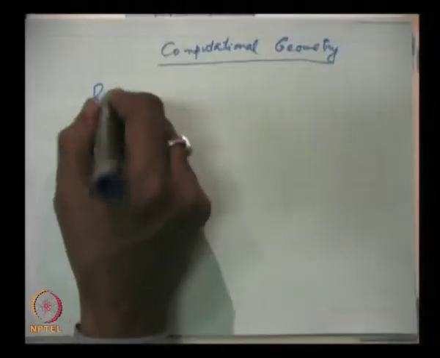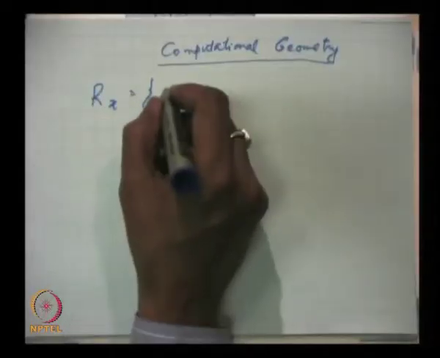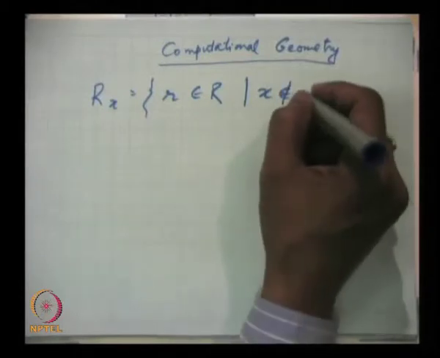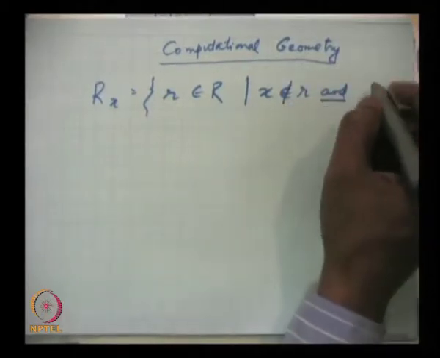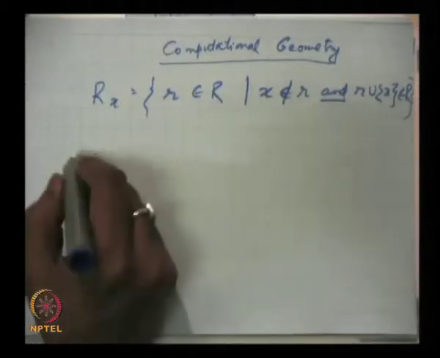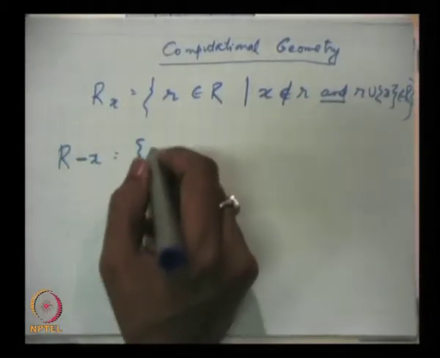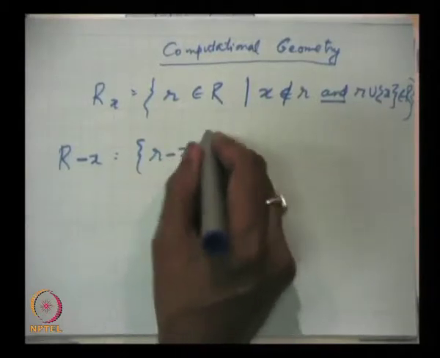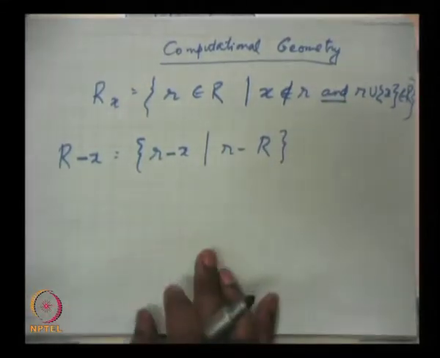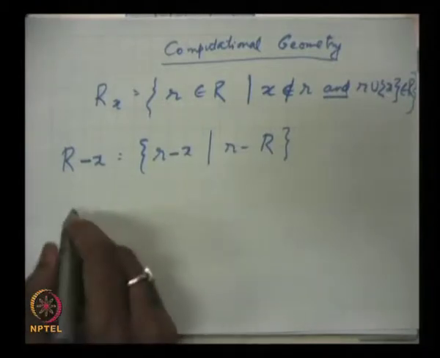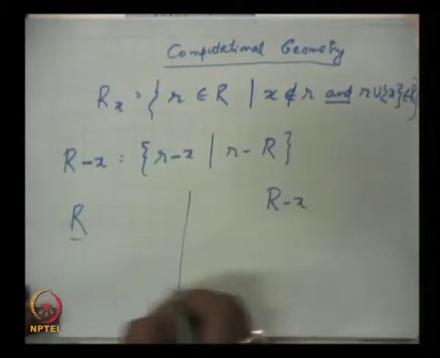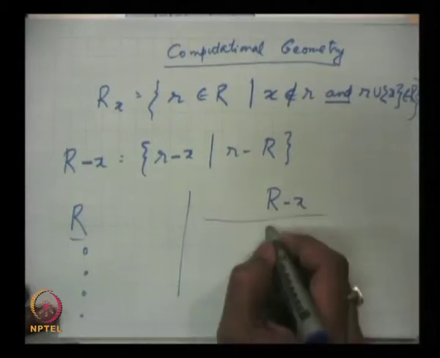So there is this original range space R, and look at this R minus X. So there are these ranges here and there are some ranges here.